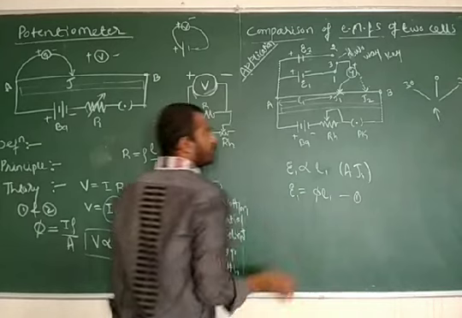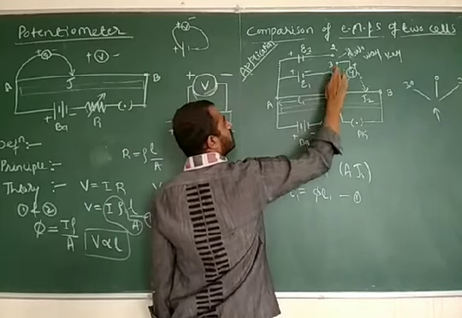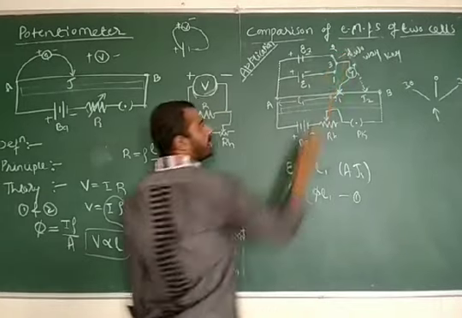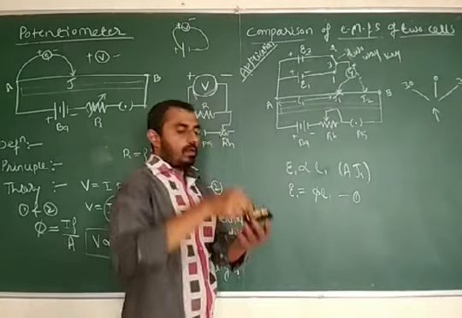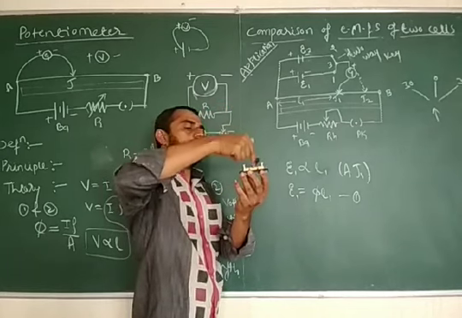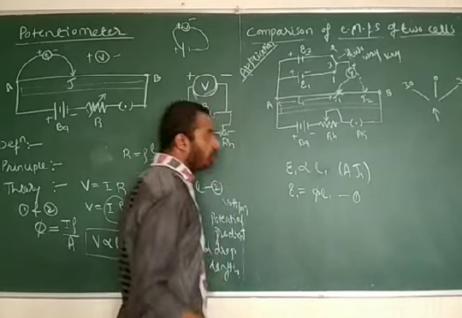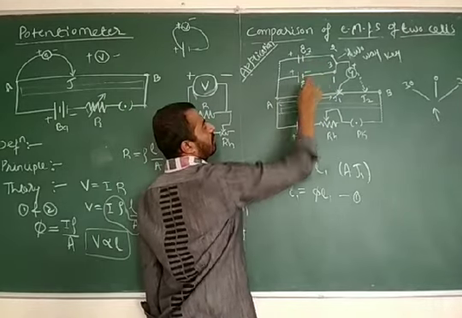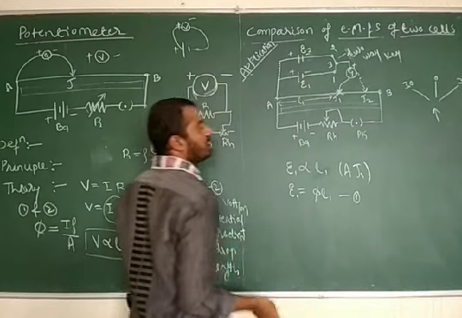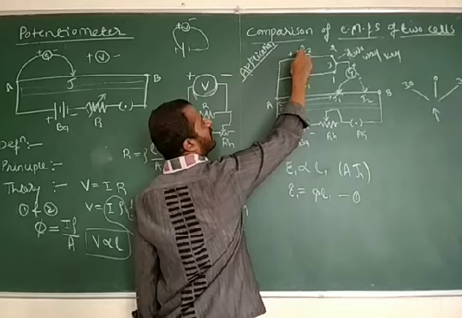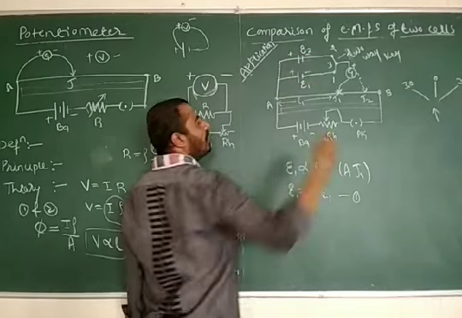Now what I do, I remove this key and I close this key between 2 and 3. Just by doing so, I make this cell of EMF E1 inactive, and I can make the second cell of EMF E2 active.